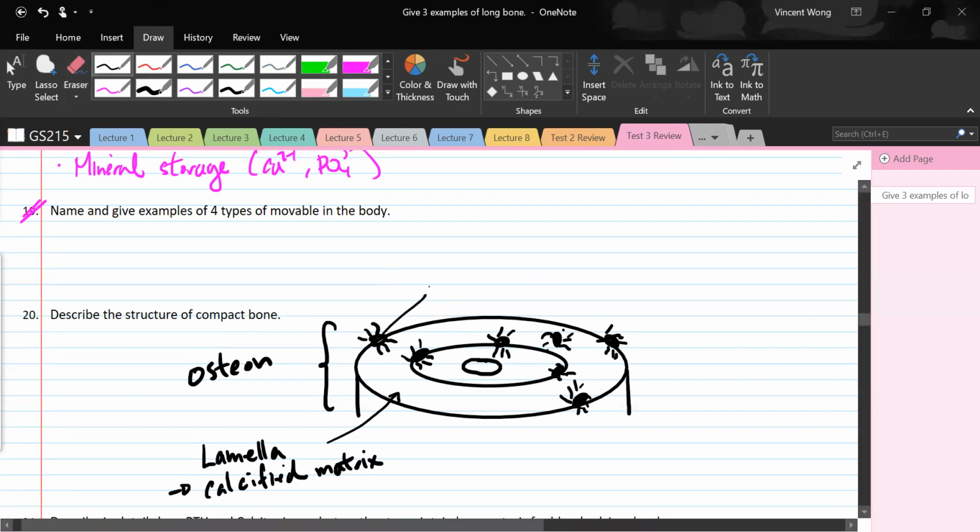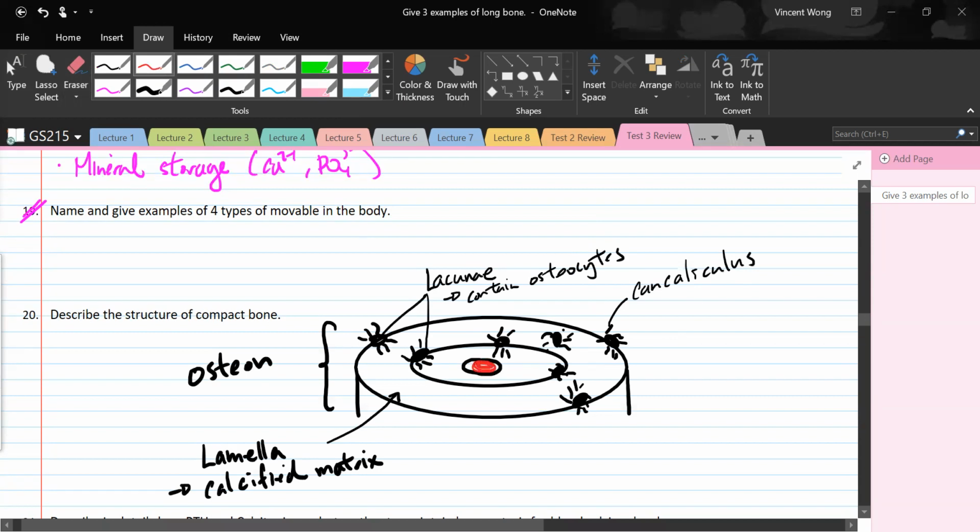And so, these black dots, they are the lacunae. That's where you will find the osteocytes inside. These cracks are called canaliculi. Which again allows the bone cells to move around, right, in the bony matrix.